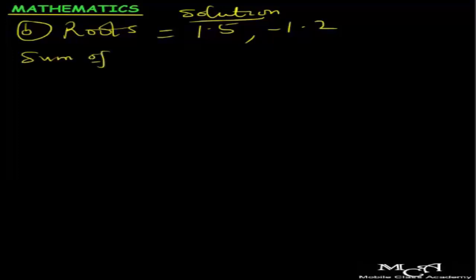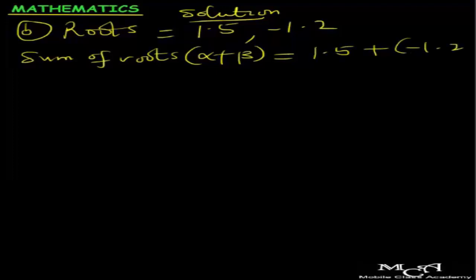Sum of roots, which is alpha plus beta, is equal to what? 1.5 plus -1.2, because you see that this is negative. So that gives us what? Plus times minus here gives us minus. So this becomes 1.5 minus 1.2. And 1.5 minus 1.2 will give you what? So that gives us 0.3.